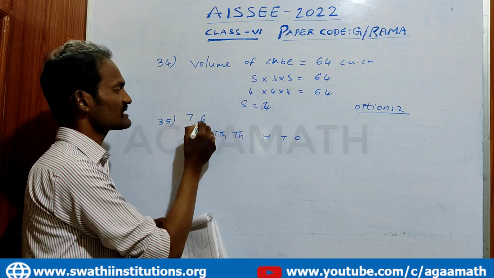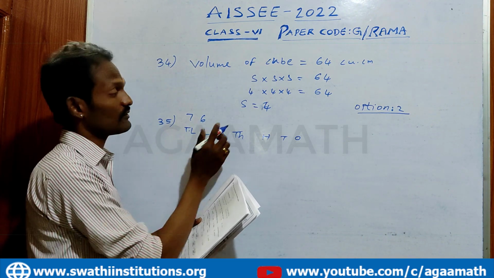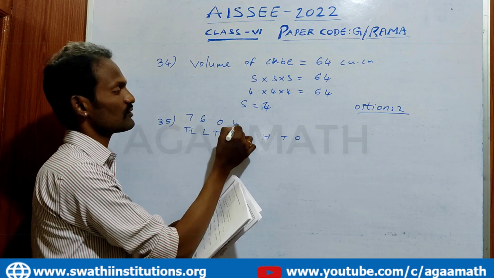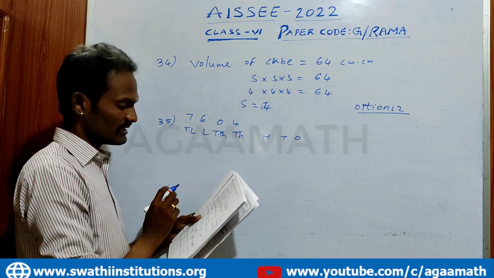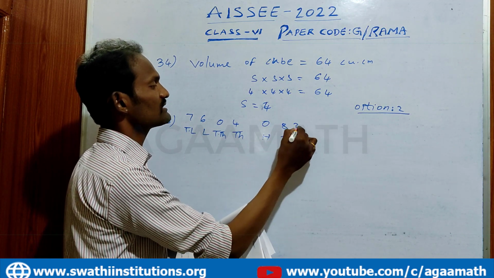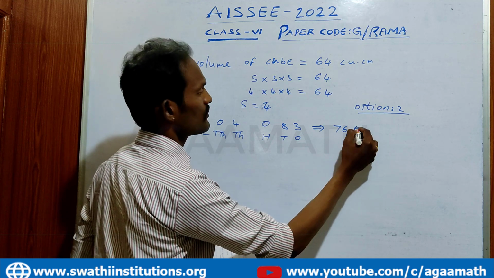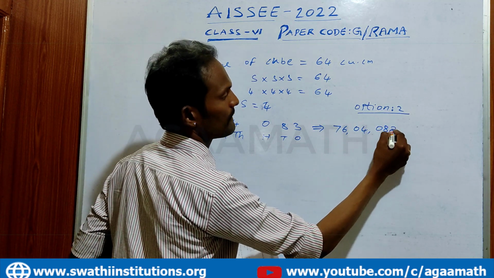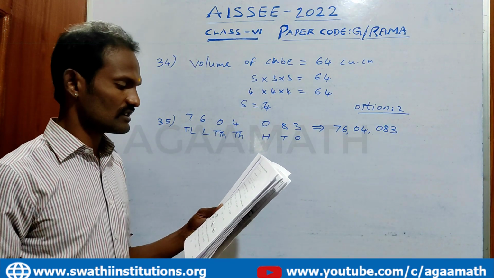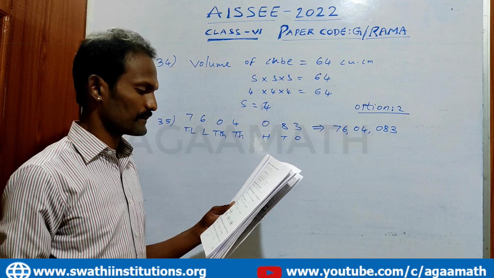So 76 lakhs, then 4,000 means in the thousands period it is 4,000. Okay, 83, so no hundreds in this, so in that place 0, 83. So that is 76 lakhs 4,083. According to the options, the right answer is option 4.